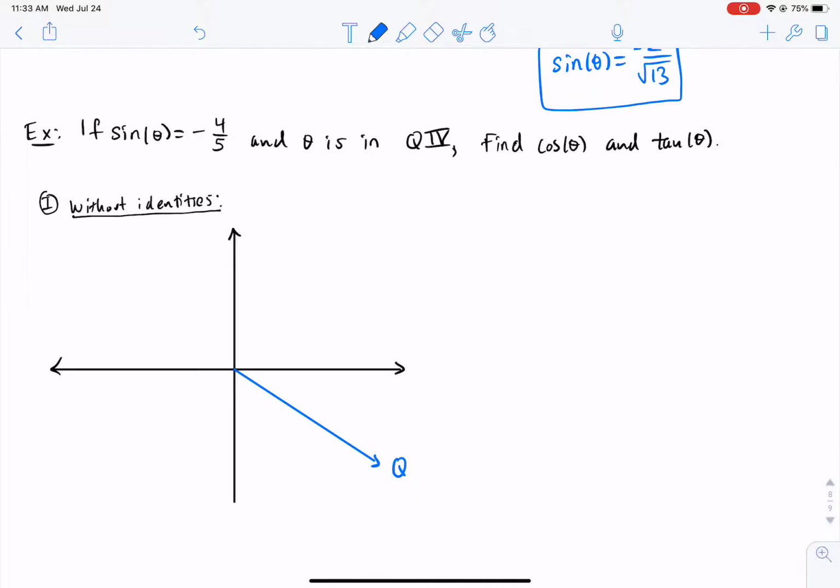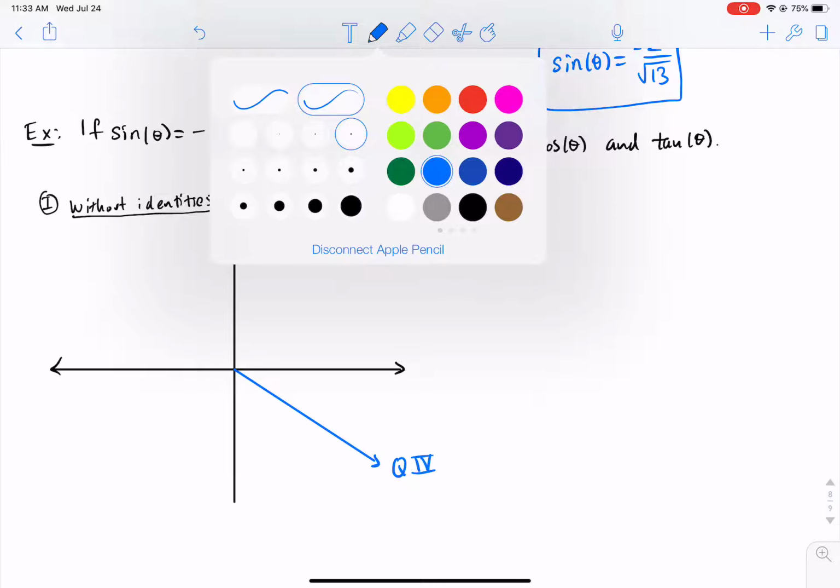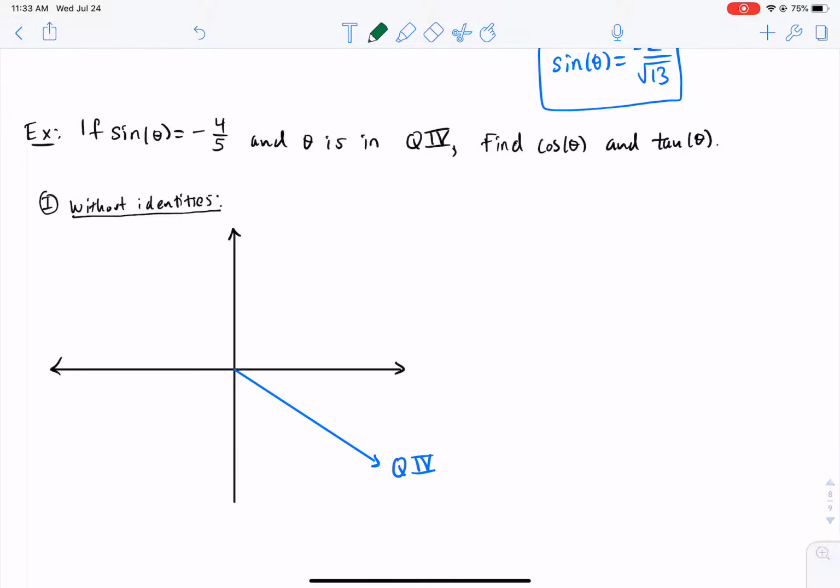So this is what we have. I'm going to draw a little triangle there. And this is what I have here. And here is theta.